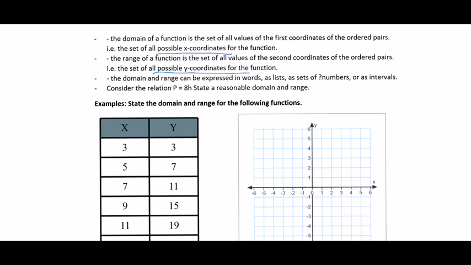Now, if I consider this equation here, p is equal to 8h. The reasonable domain and range is basically calculated by figuring out what values are possible for the independent variable h. h is what we would call our x.